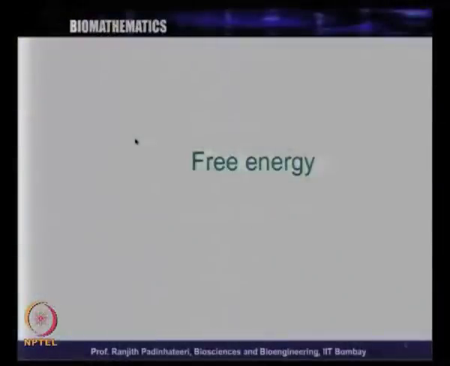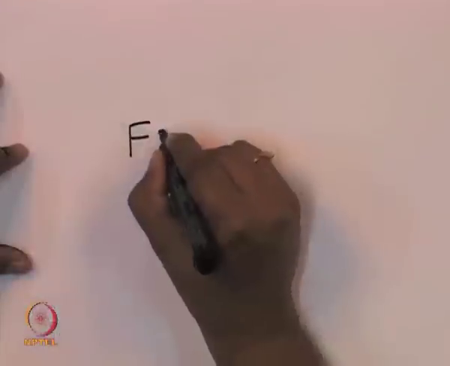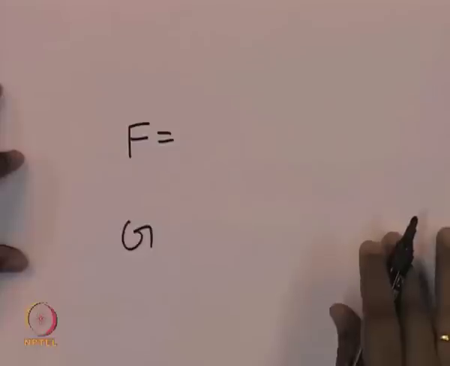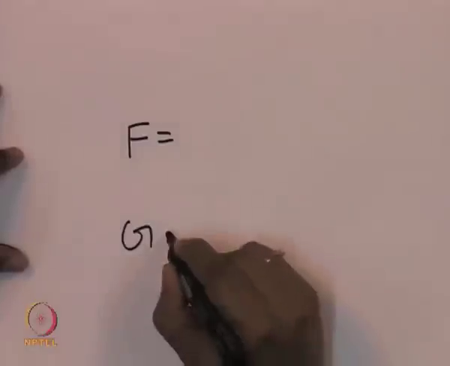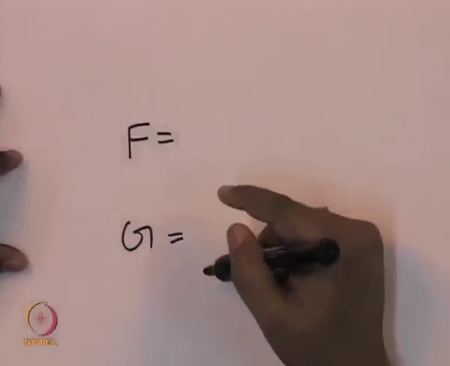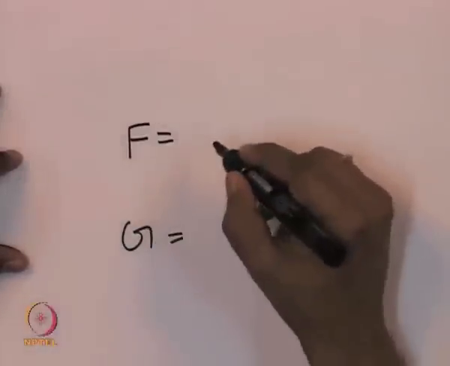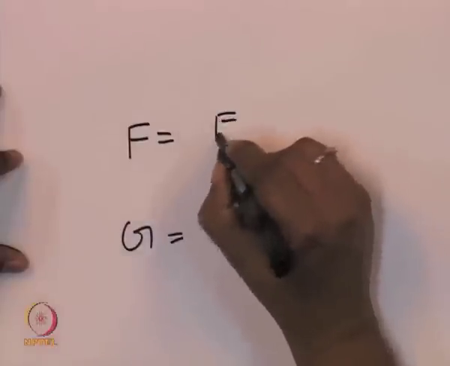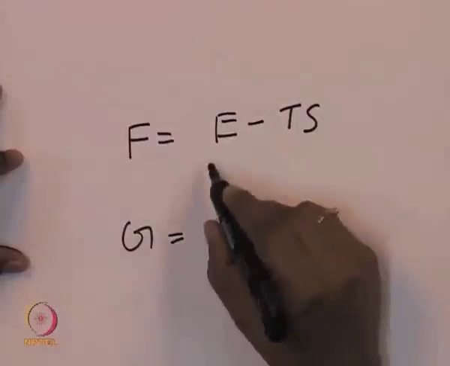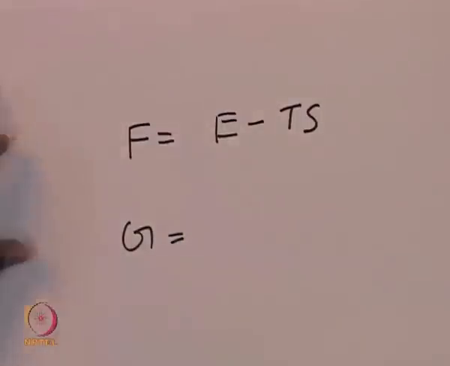The definition of free energy is sometimes written as F, sometimes written as G. Today we will discuss F, and we will see the difference between these two in the next class. But F is basically energy minus temperature times entropy. F is E minus TS.